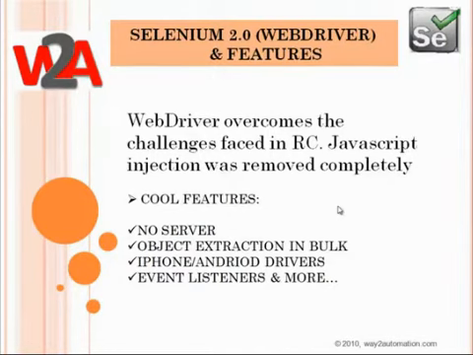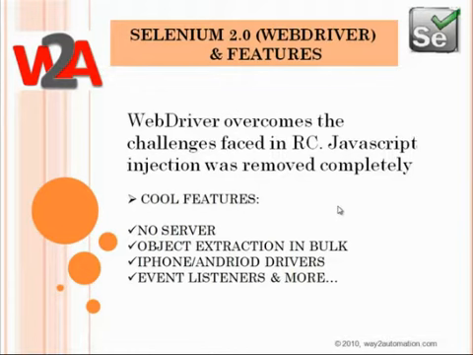You can straight away write your code and execute it. Right. WebDriver comes with a very huge API. There are so many classes and interfaces available in WebDriver. So if you are working on WebDriver, your OOPS concepts should be very strong. Otherwise, you won't be able to work on WebDriver.